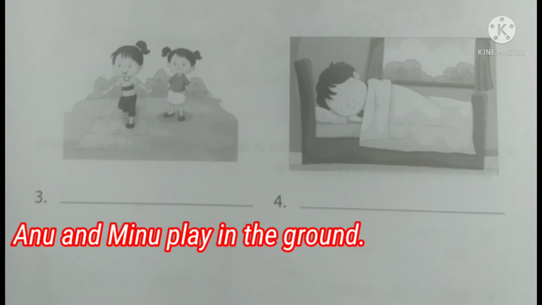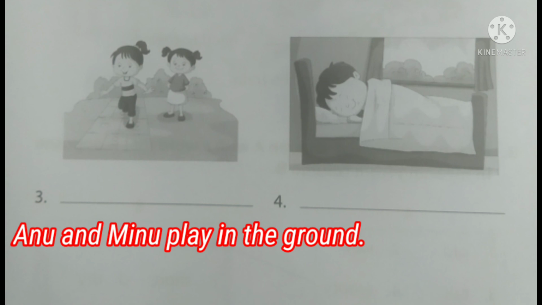First of all, give a name for the girls. Anu and Minu play in the ground. How can we write? Anu and Minu play in the ground. And next, fourth one.